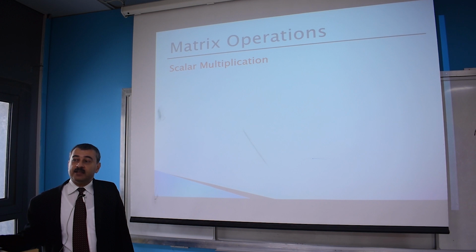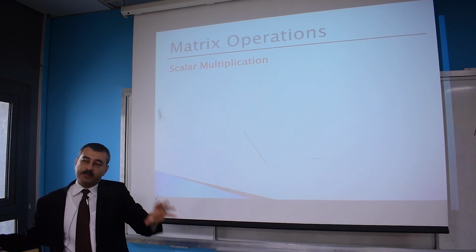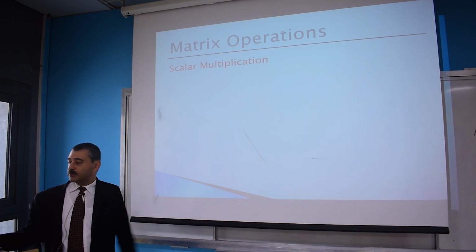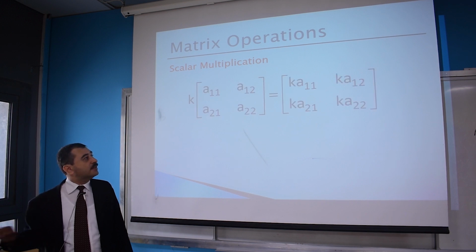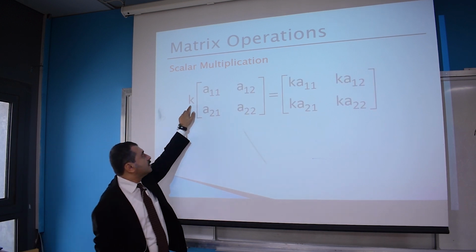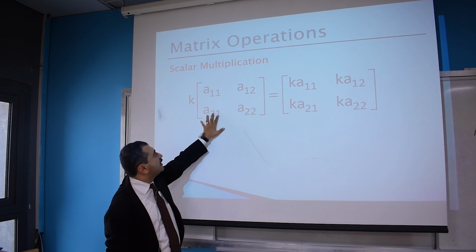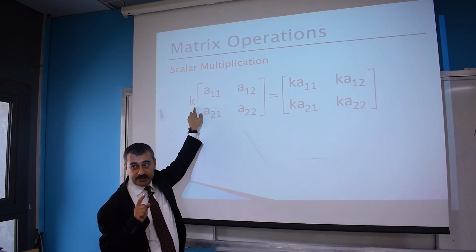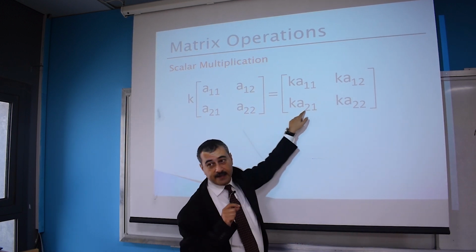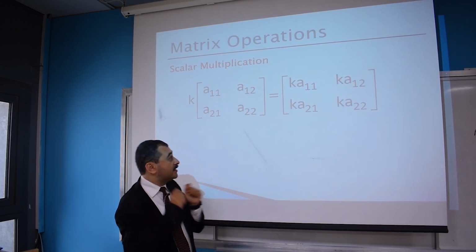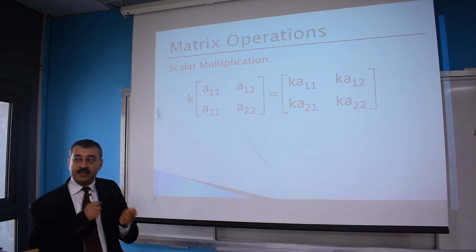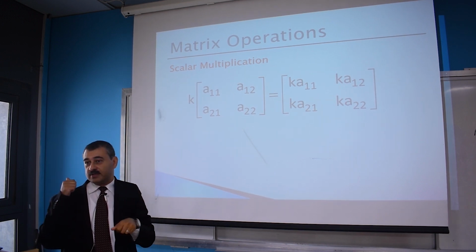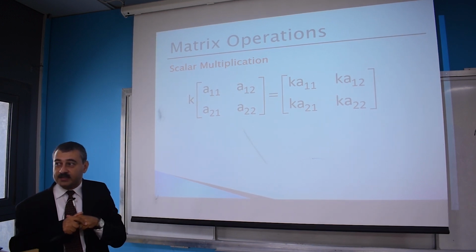Let's define the scalar multiplication. If I want to multiply a matrix by a number, okay? This is called scalar multiplication. So to multiply this matrix by k, simply multiply each entry in the matrix by this k. And notice that this would be different from scalar multiplication for determinants, which we are going to talk about in the next lecture.